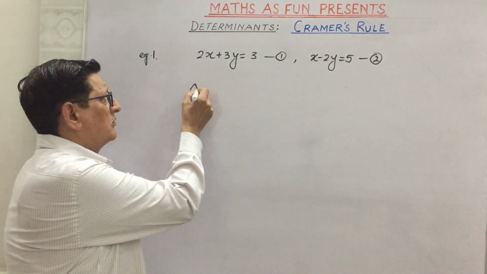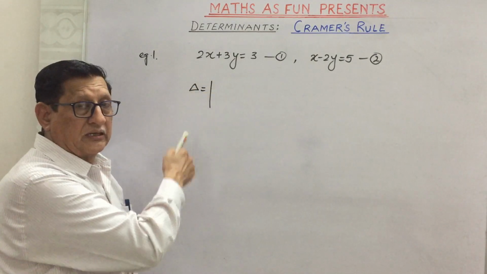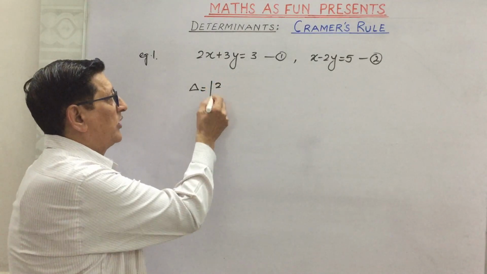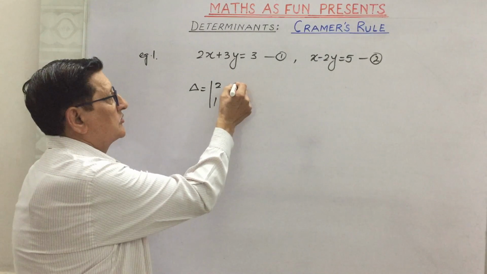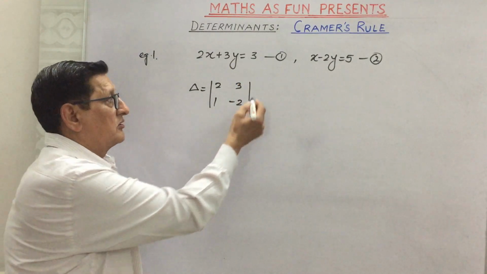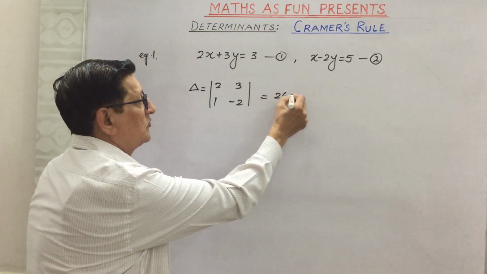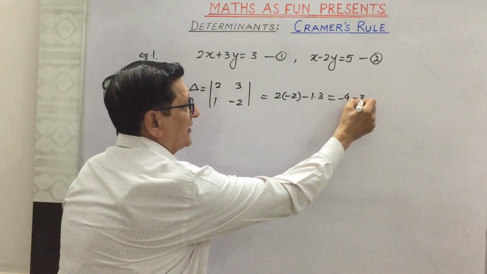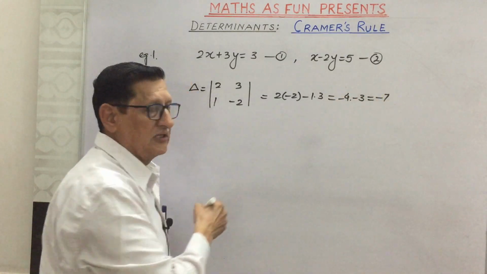Here delta will be the determinant of coefficients of x and y, and here it is 2, 1 for x, and for y, 3, minus 2. If we find the value of this determinant, that will be 2 into minus 2 minus 1 into 3, that is minus 4 minus 3, or we can say minus 7.